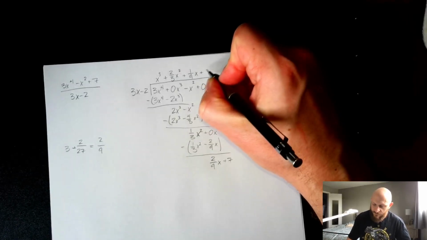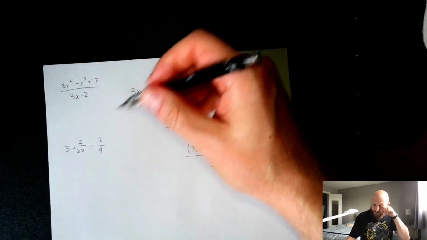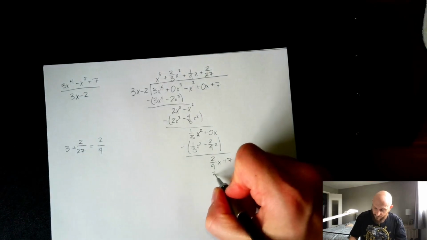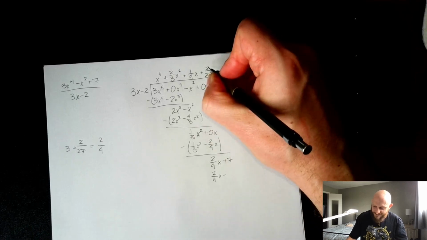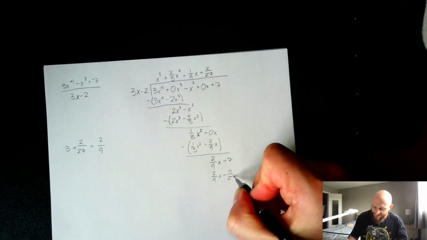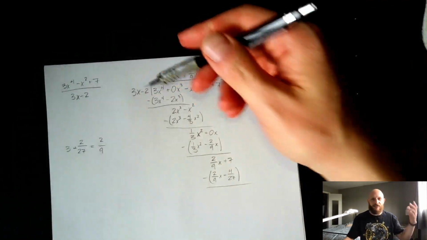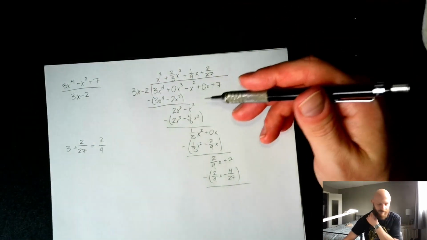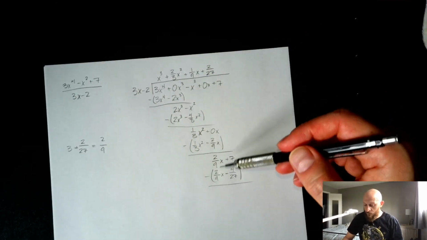So plus 2 27ths. 2 27ths times 3 we just saw is 2/9. Excellent. 2/9 x. Minus 2 27ths times negative 2 is negative 4 27ths. Man, I picked some bad numbers. It's all because I added that 3 in. The numbers actually come out a lot cleaner if I didn't add the 3 in. Okay.